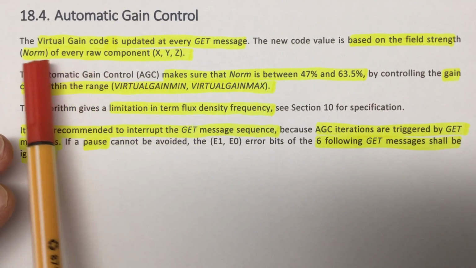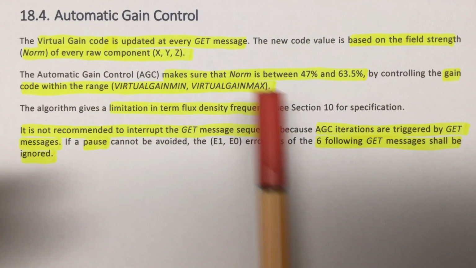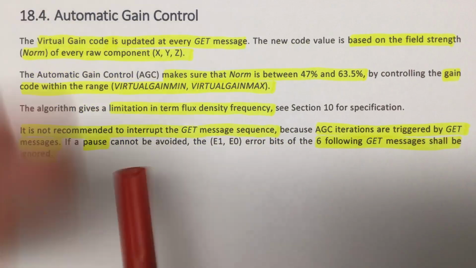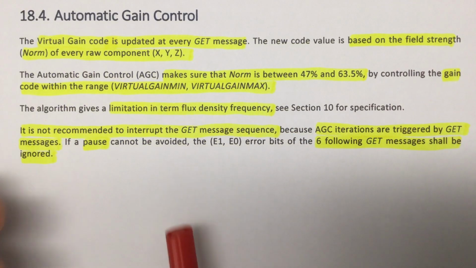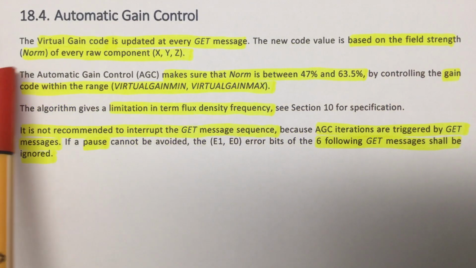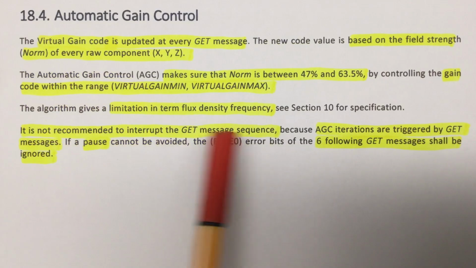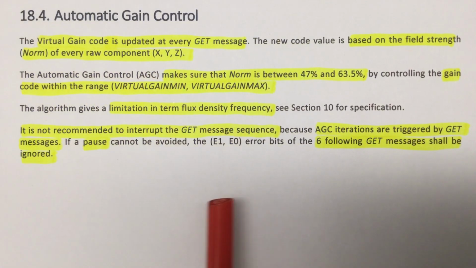So it says here the virtual gain code is updated at every get message. So that's not something running in the background. You have to send a get message to your slave. And that the new code is based on the field strength norm, which is not explained here, of every raw component XYZ. Yeah, we saw that.